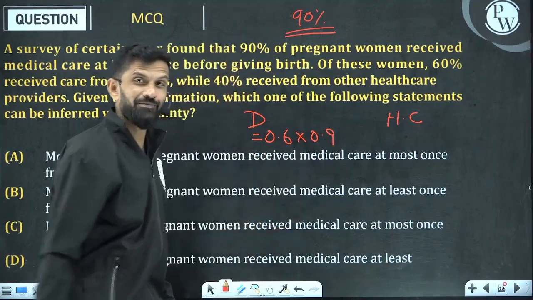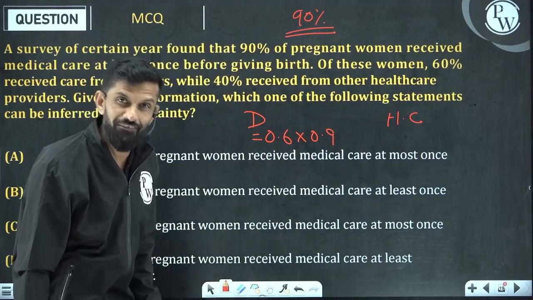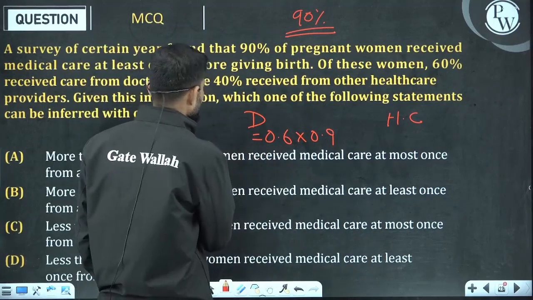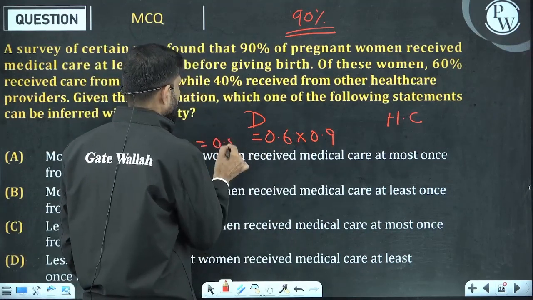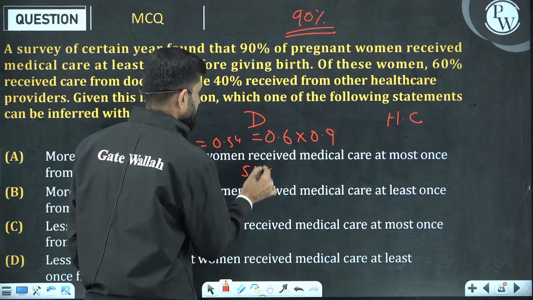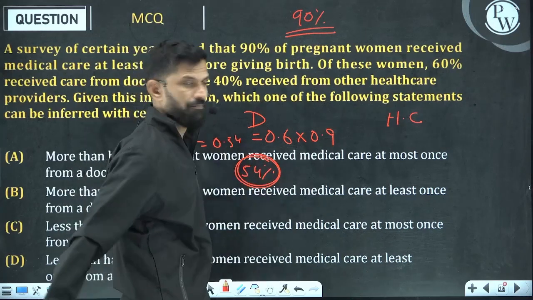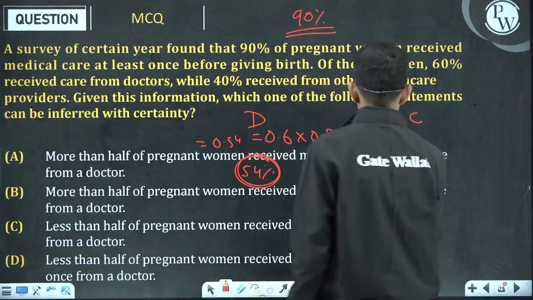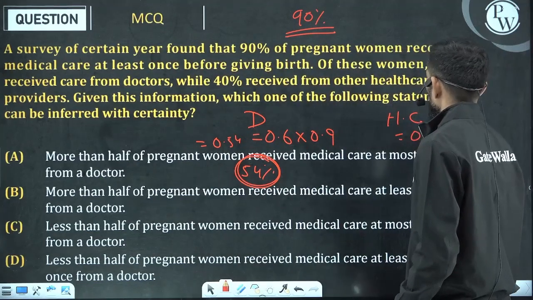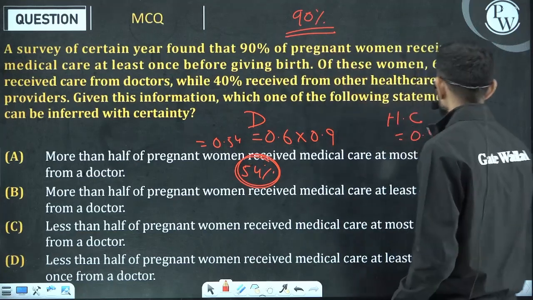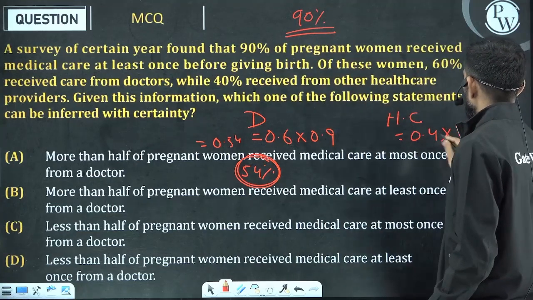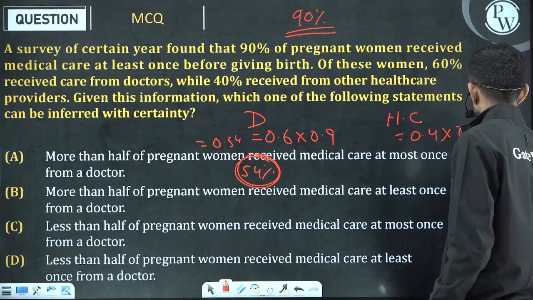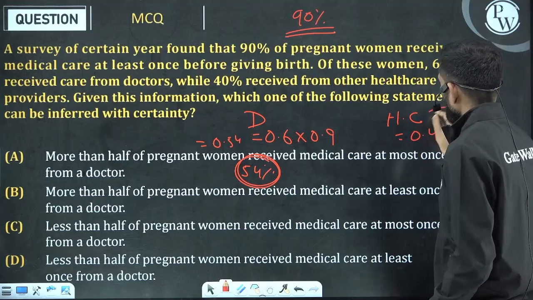Why am I writing this 0.6 and 0.9? I think you are aware of it. Percentage I am writing in decimal. So it will come how much? 9 6s are 54, 0.54, which means 54%. This is for doctors. Now, if I talk about healthcare providers, the remaining 40%, so 40% is actually 0.4 of this 90%, so 0.9, so this will be 0.36, which means 36% go for healthcare providers.